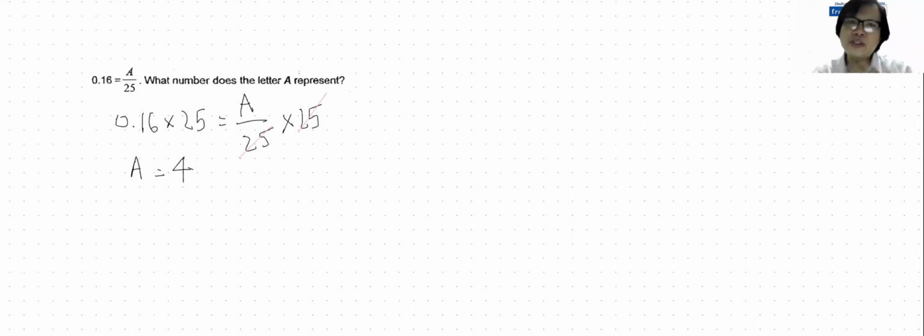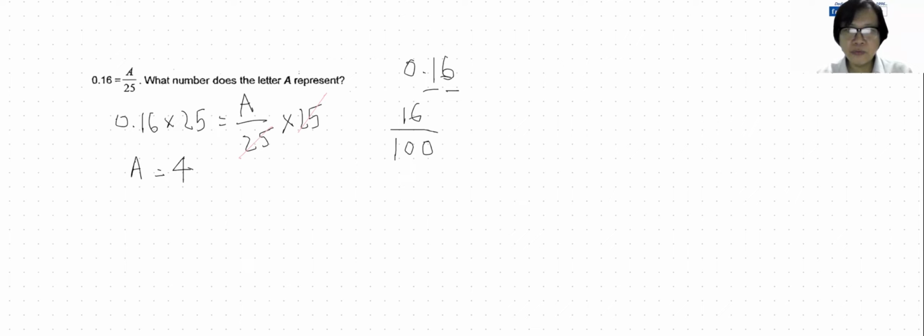So in this case, 0.16, how do you convert it to a fraction? When we look at 0.16, we realize that there are 2 decimal places, so 2 zeros. So 16 over 100, 2 zeros, as you can see here.